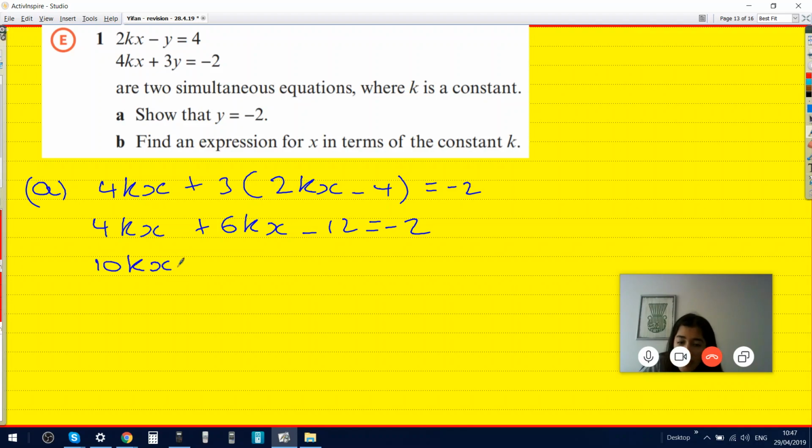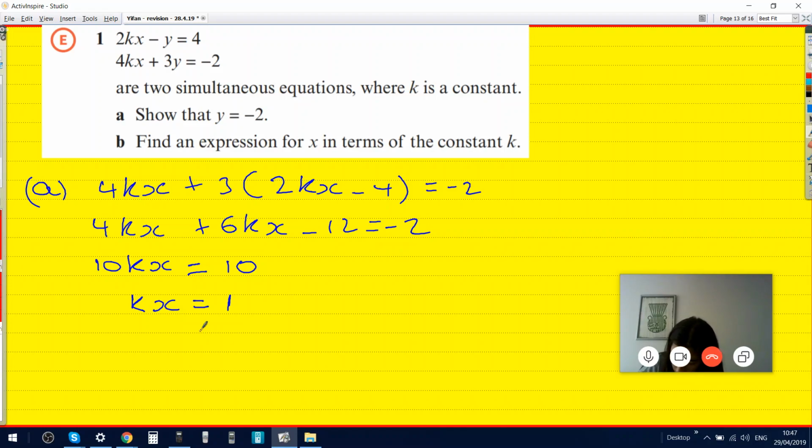Oh, hang on. What did we say that was? 2kx minus 4. Okay, so 10kx equals minus 2 plus 12. That's 10, yep.